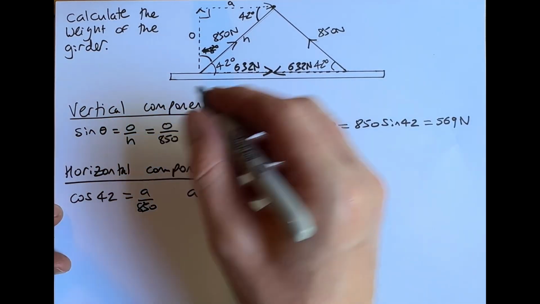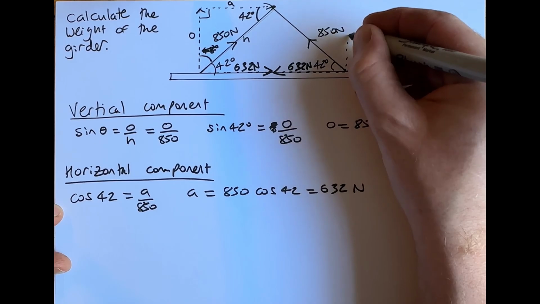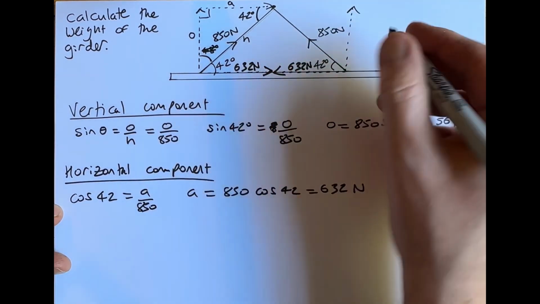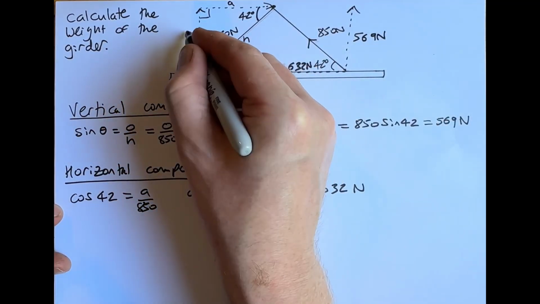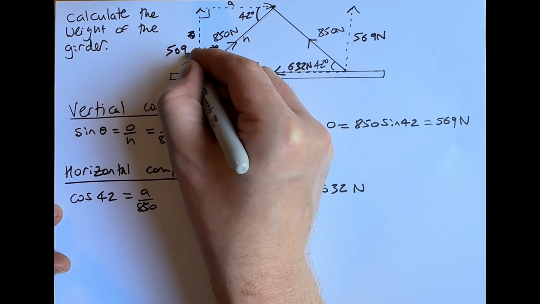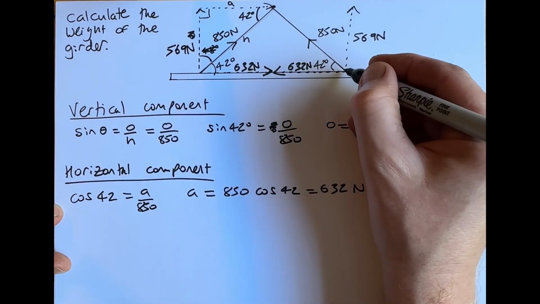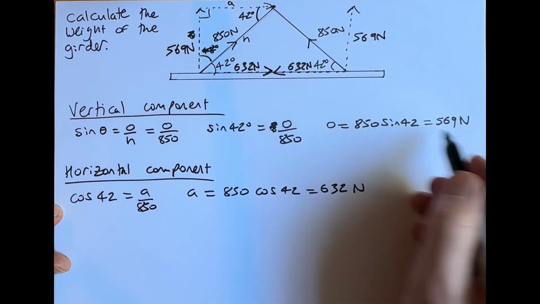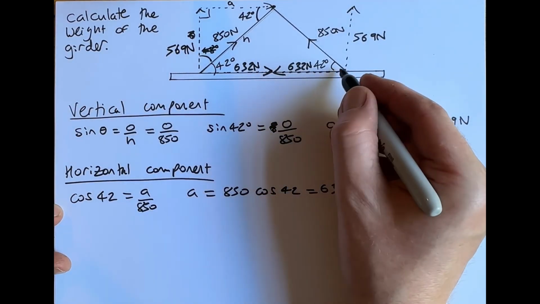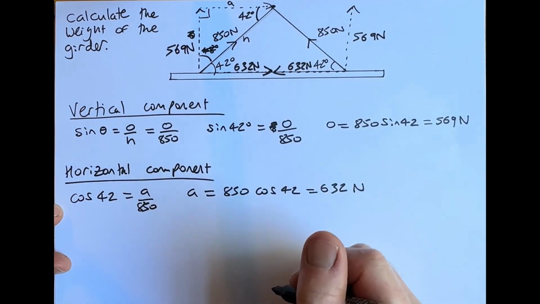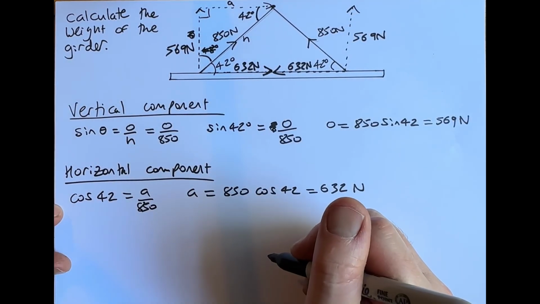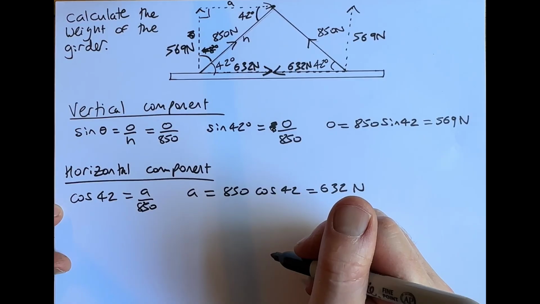Now, vertically, we've got a vertical component of this 850 newtons here, which is 569 newtons, and we've got 569 newtons here, because we worked out that the vertical component here is 569, and on this side it's going to be the same. So those two forces are acting upwards. Now, what's the force acting downwards here?